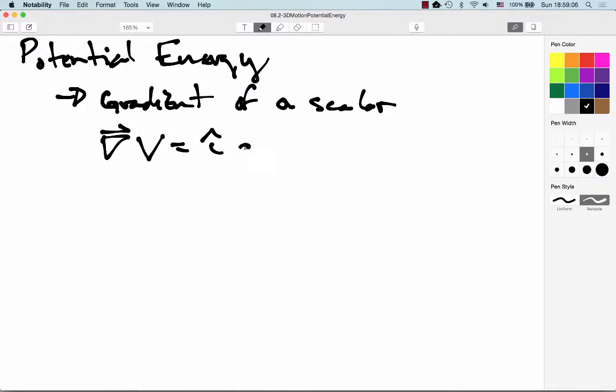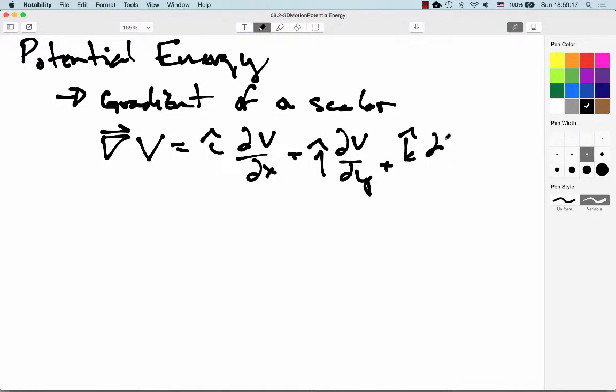That would be i hat partial v partial x plus j hat partial v partial y plus k hat partial v partial z. So what this is saying is we take the partial derivative of v with respect to x, that's the x component of the gradient, same with y, same with z.